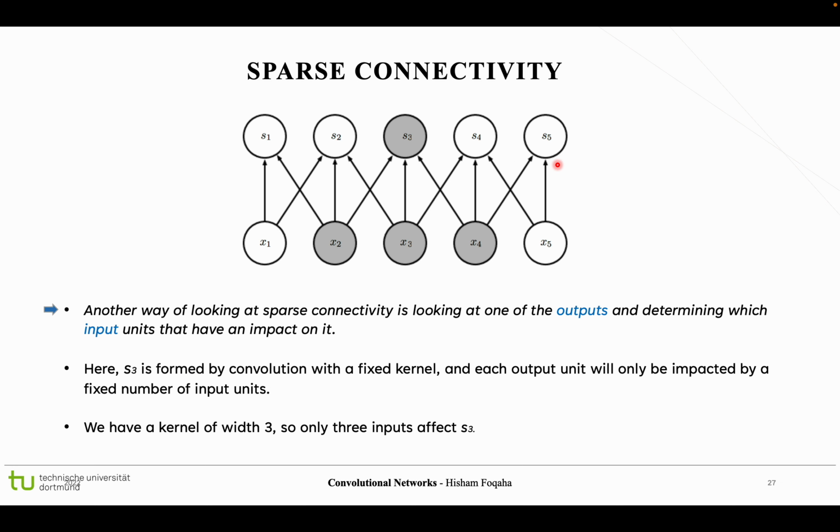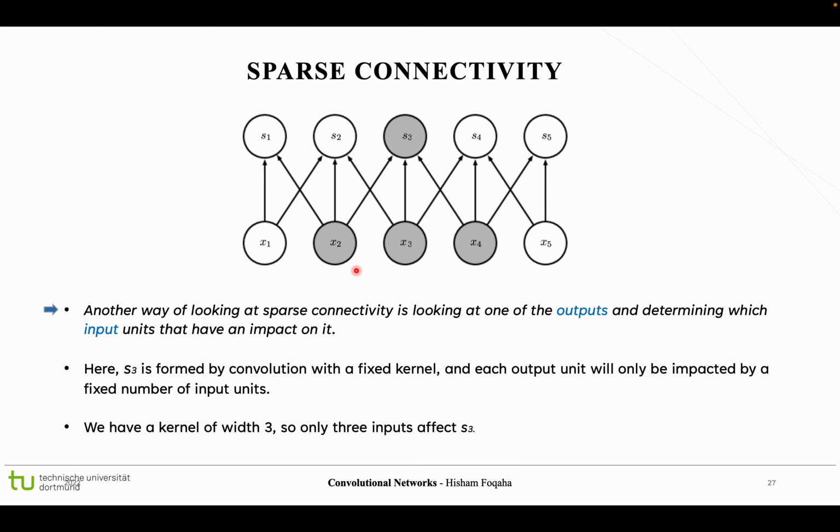Okay, and we have another example. We have another way of looking at sparse connectivity, which is looking at one of the outputs and determining which units have an impact on this output. We can see that this output is affected by x2, x3, and x4.